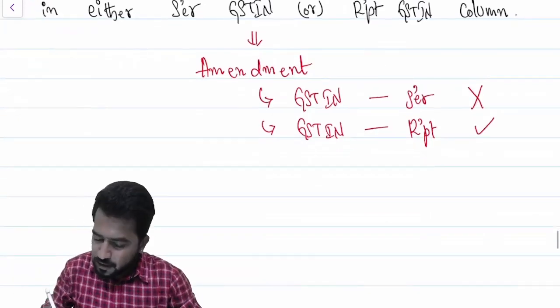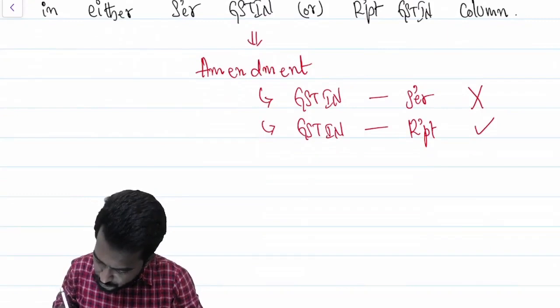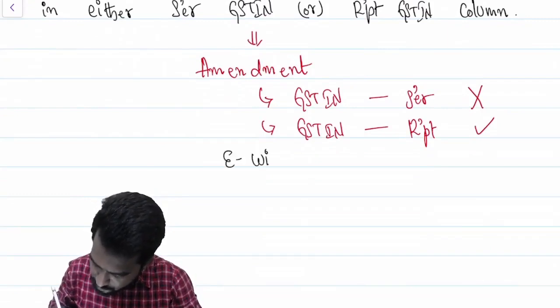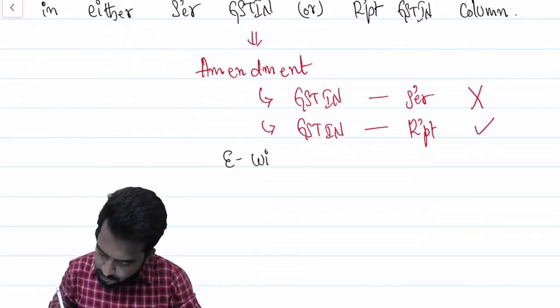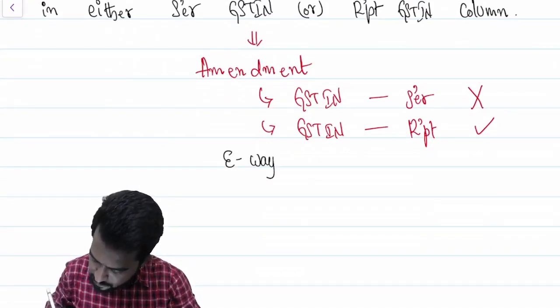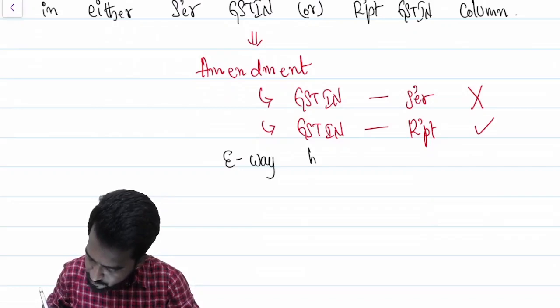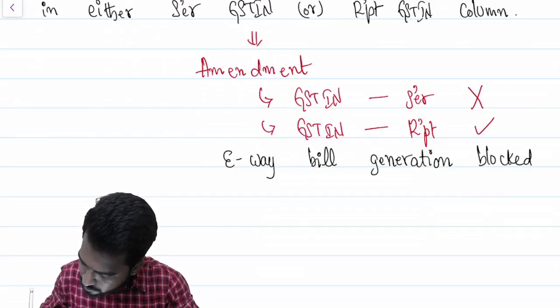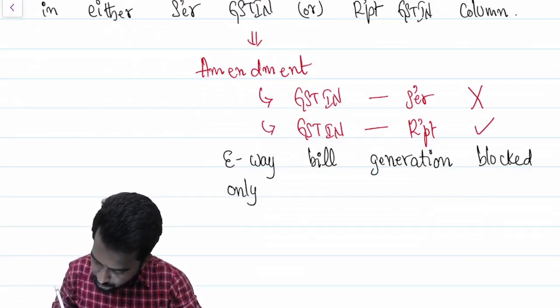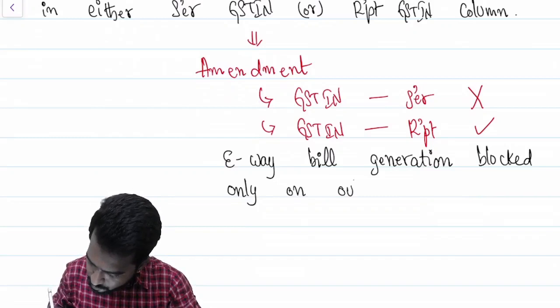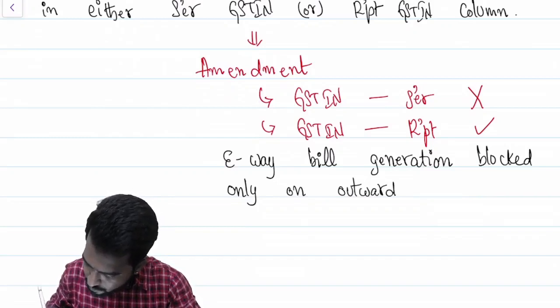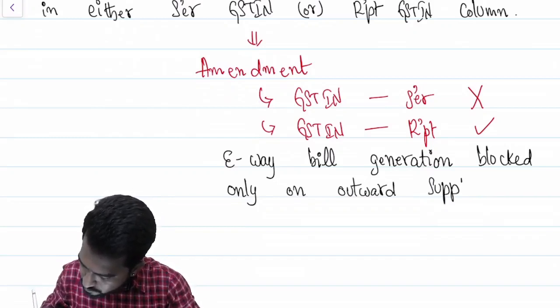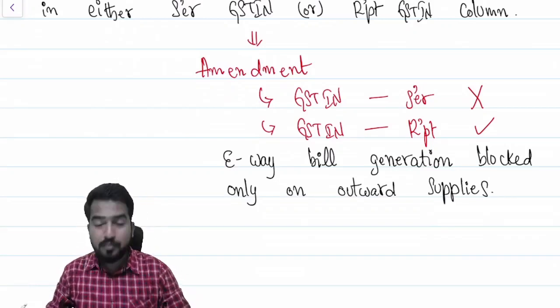That means e-way bill generation is blocked only on sales, only on outward supplies.